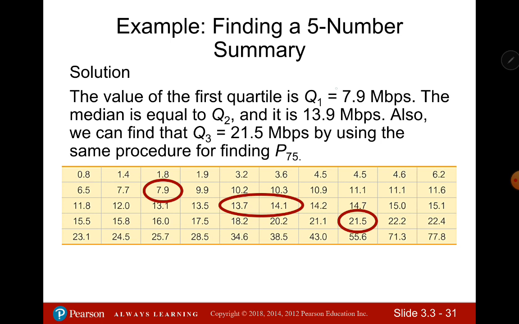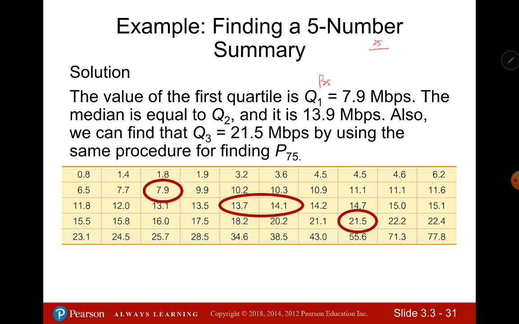So Q1 is P25. For example, how can we get this one? P25 means K is 25.